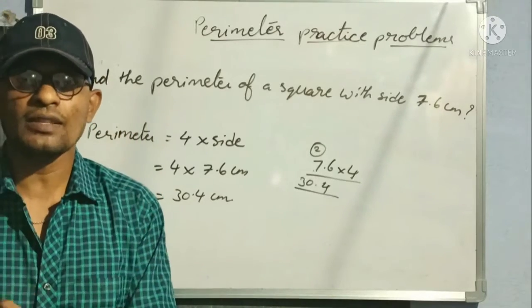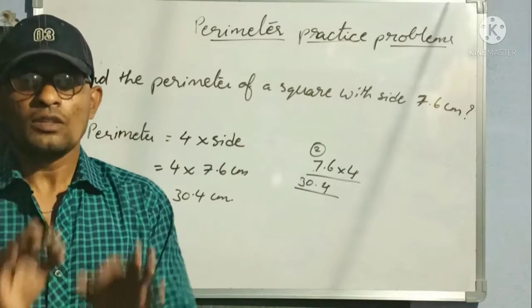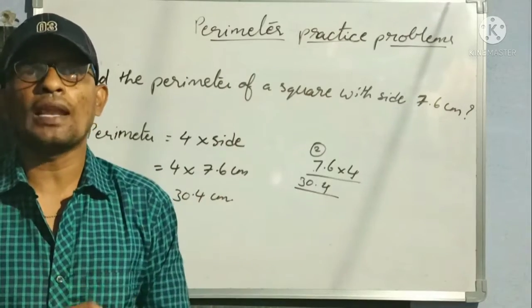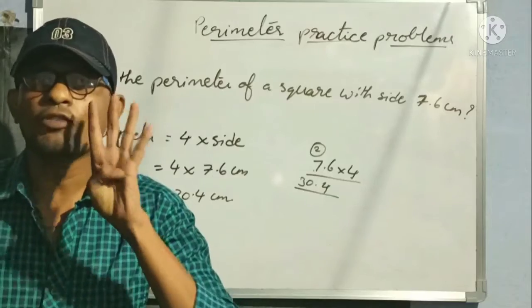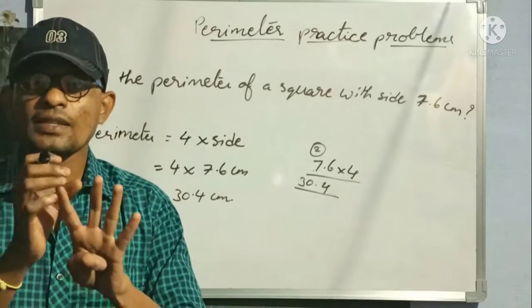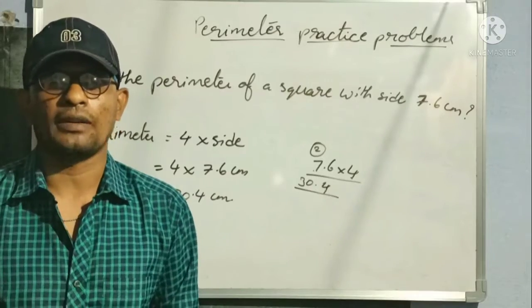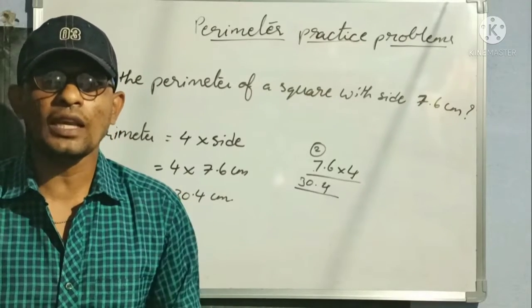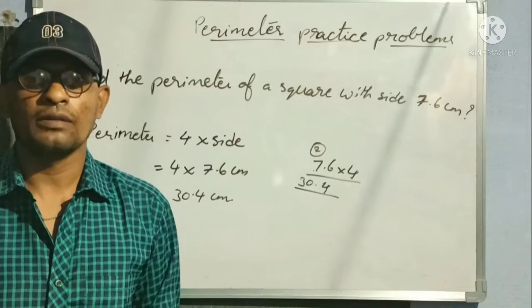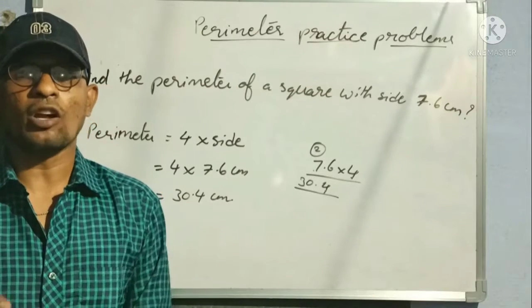Square: what is a square? Square means all sides are of equal length. How many sides will be there? 4 sides. So if one side is given, when we add the same side 4 times, we get the perimeter. Understood? Very easy and very simple. No need to get complicated at all.